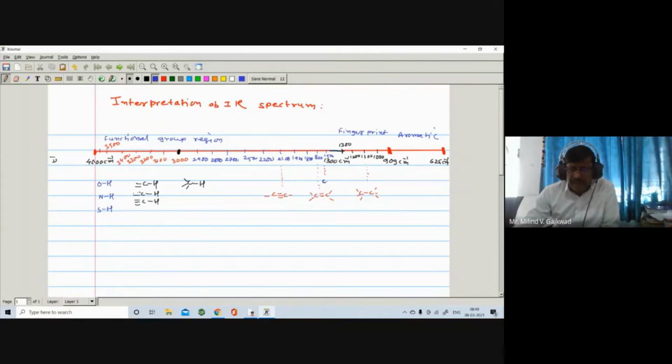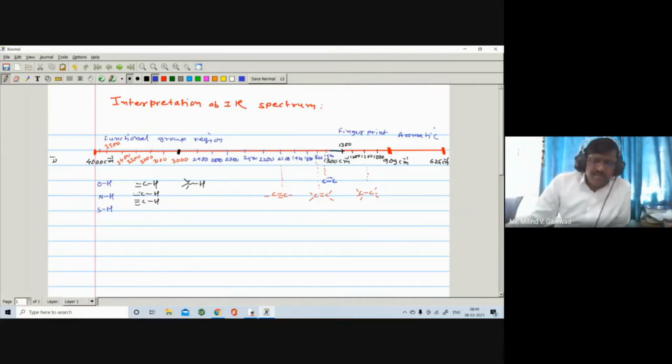So I write here one single bond and one partially double bond. It is due to the benzene, between 1500 and 1600. These are some bands we learned last time, and they are called the functional group region.